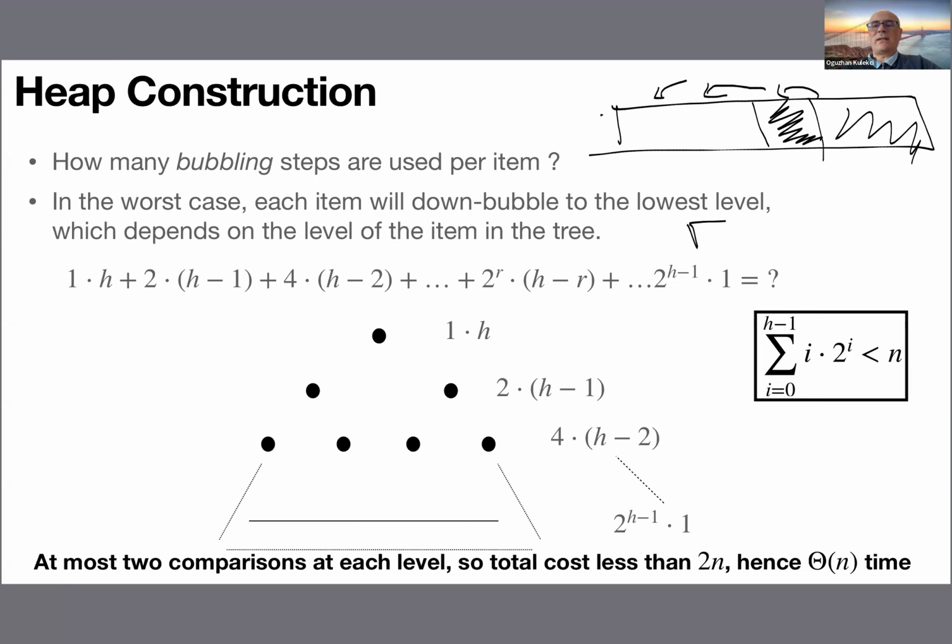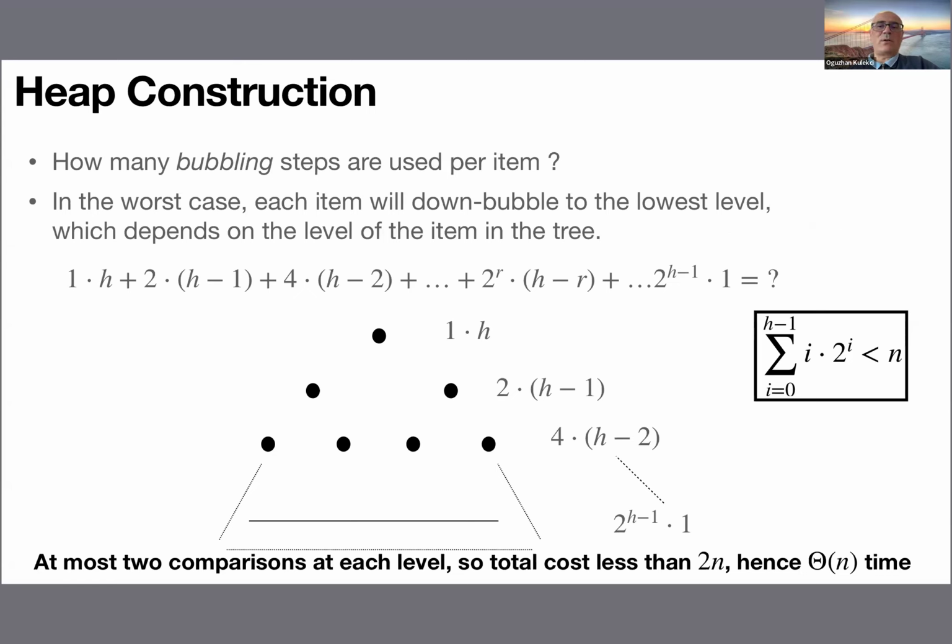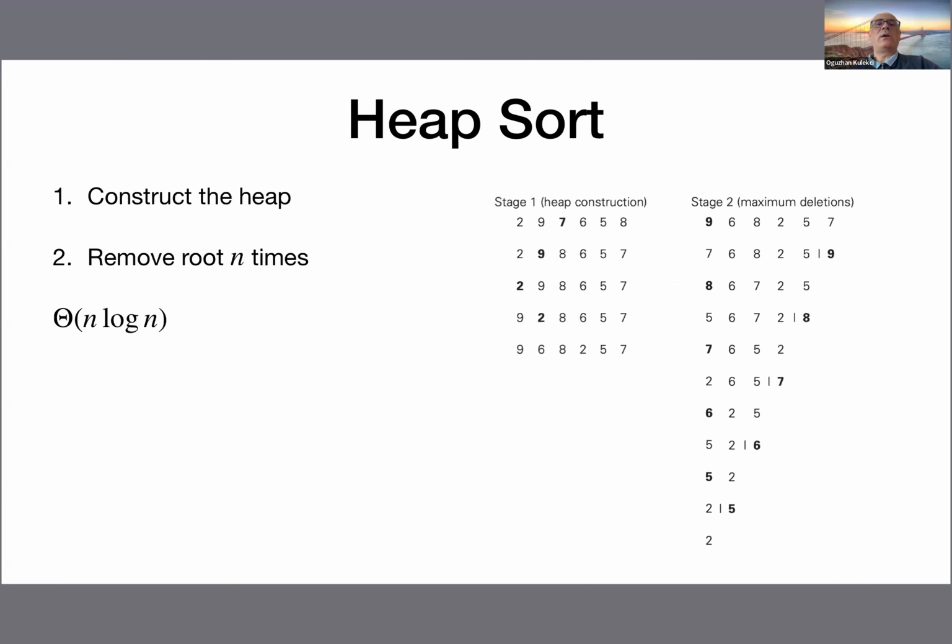Notice that at each level, you will be verifying half of the nodes compared to the next level. So that is the heap construction, and we know that you can construct a heap in linear time. I think this is my last slide.